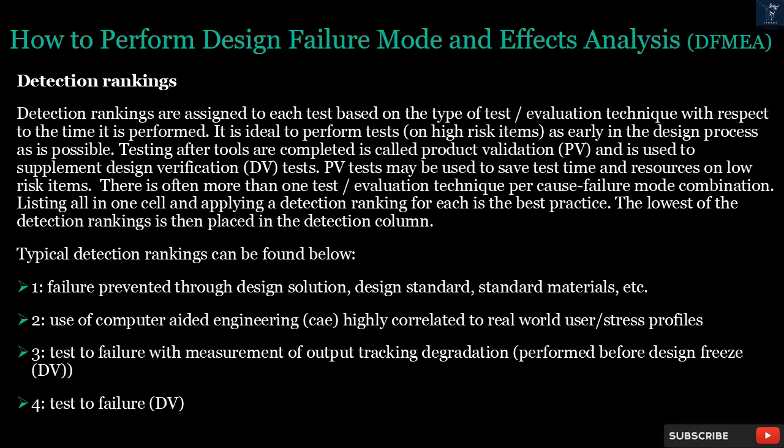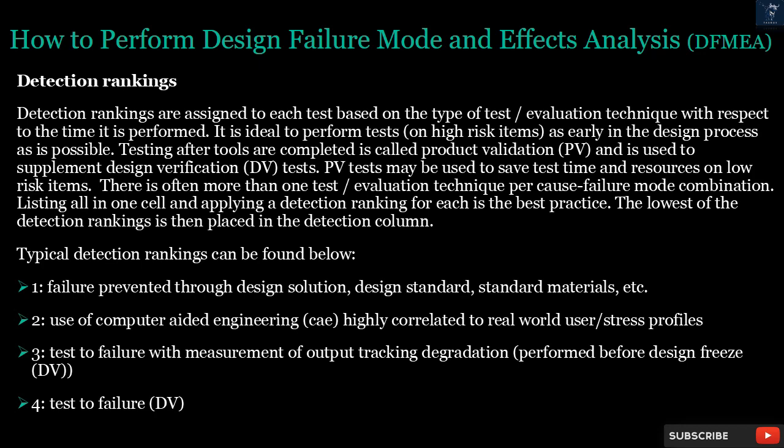Detection rankings. Detection rankings are assigned to each test based on the type of test or evaluation technique with respect to the time it is performed. It is ideal to perform tests on high-risk items as early in the design process as possible. Testing after tools are completed is called product validation, PV, and is used to supplement design verification, DV, tests.